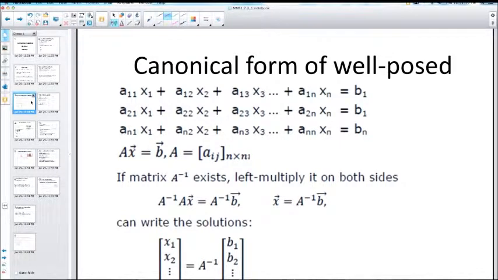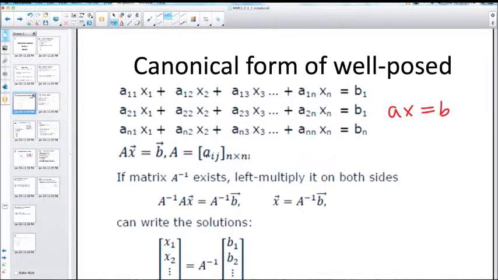Since it's a standard system with n variables and n equations, you will expect a square matrix, n by n. If this square matrix has an inverse matrix, in other words, it's non-singular, solving the equation is very similar to solving the equations you learned in elementary school.